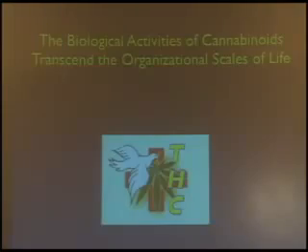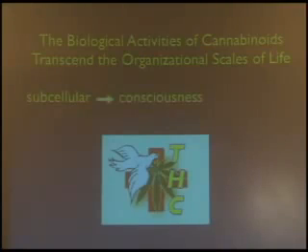And now we'll go into some of the examples of the cannabinoid system and how it transcends organizational scales characteristic of life. So we see it working on a subcellular level. We see that leading up to consciousness. This is what we mean by transcending scales, and how its effect on consciousness has an impact on society. So this is why cannabinoids have such a unique evolutionary role, because they're transcending like this.